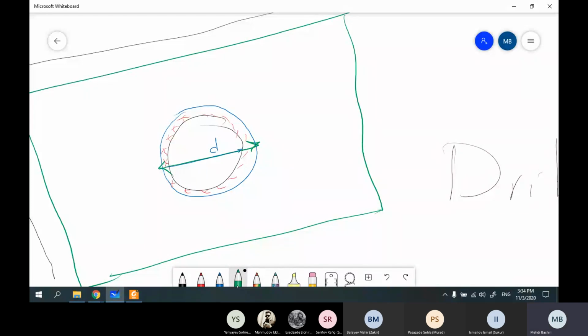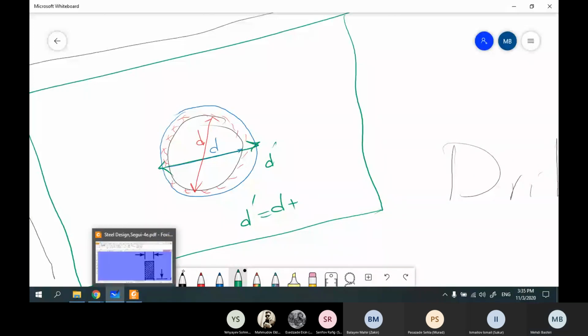The diameter of this hole, because of cracks, is not this d, the red one. You have to consider d prime, the green one. How much is the green one? D prime is equal to d plus e.